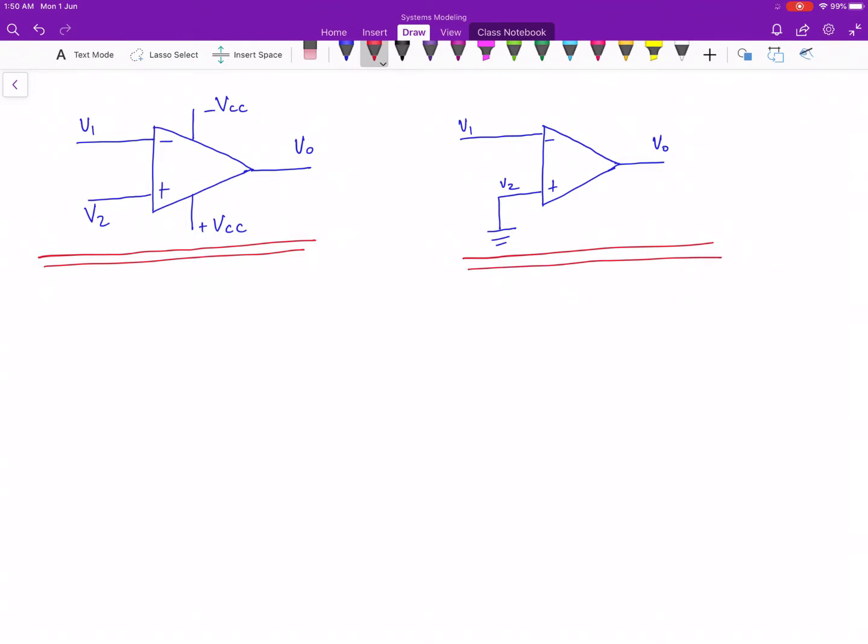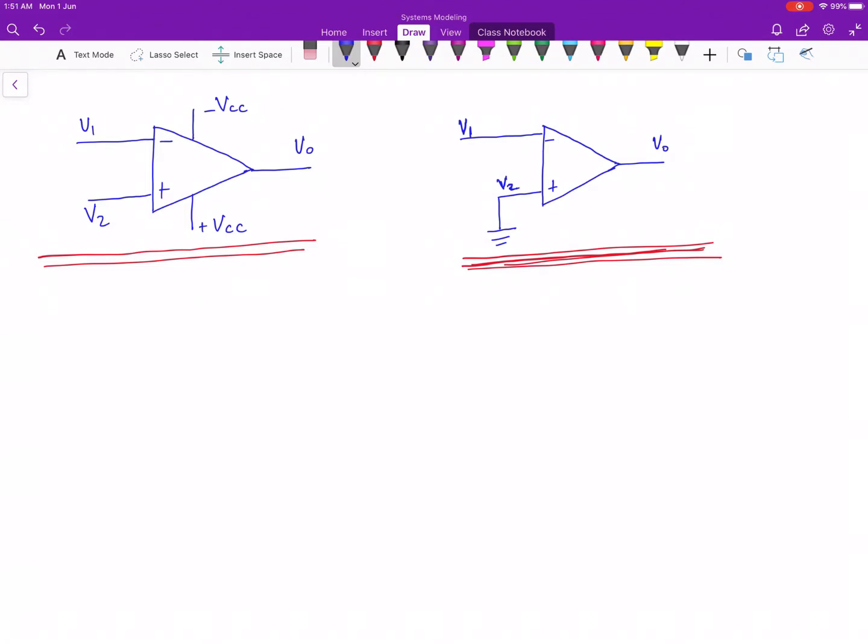In this diagram we do not indicate the VCC, because we already assume that the supply voltage is already there. What we can indicate is that the first leg is V1 and the second leg is V2. V1 is connected to the negative side and V2 is connected to the positive side.